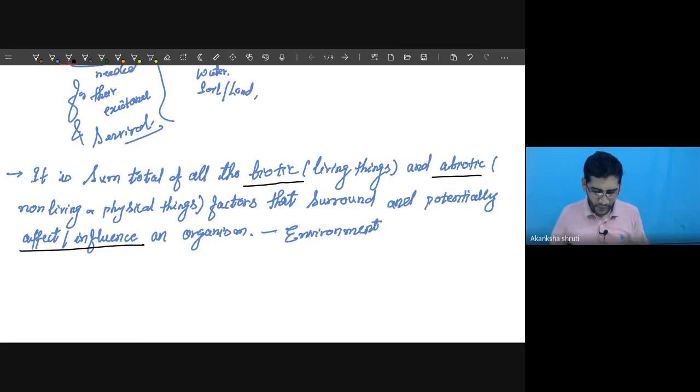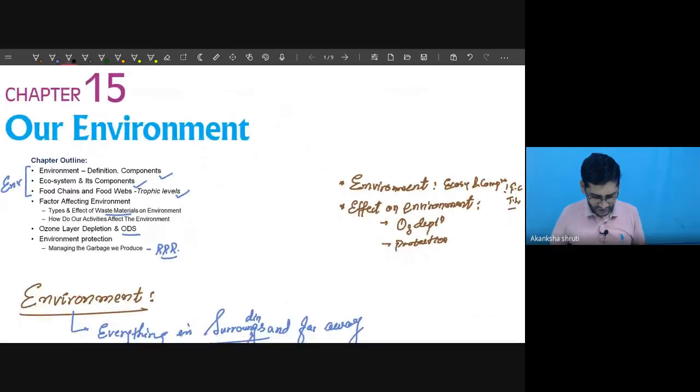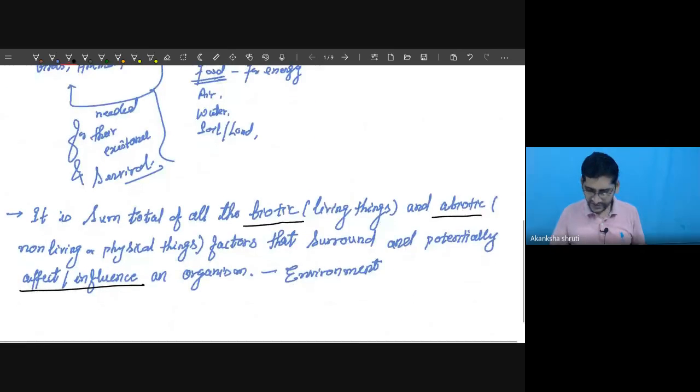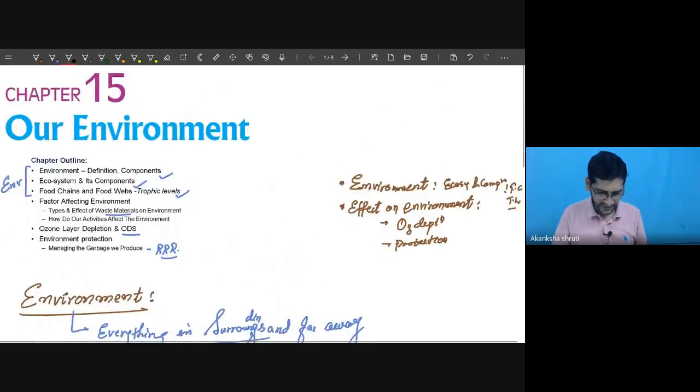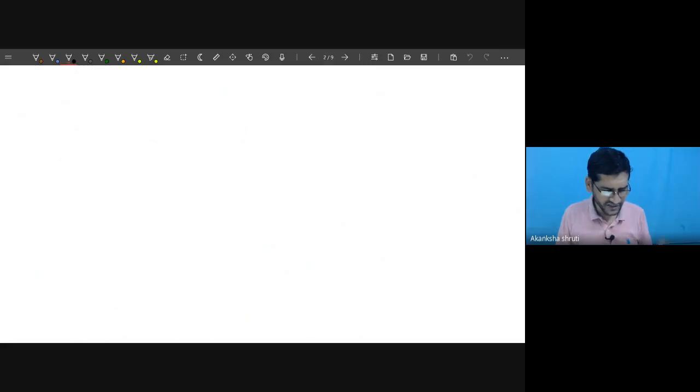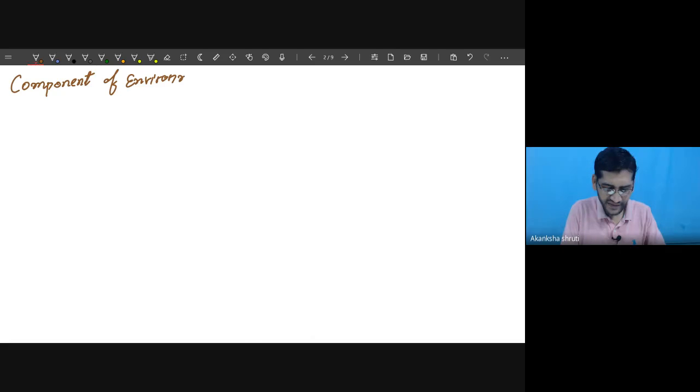So what are the components of environment, students? So this is the definition of environment. What is this environment? I had explained. Now let us come to the components of environment. The components of environment are also present in our definition.